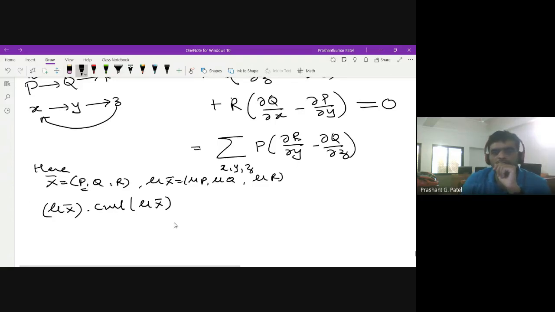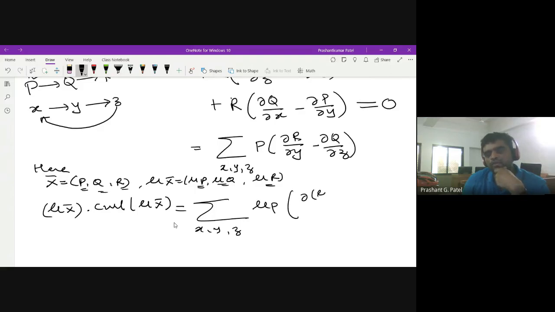Just P will change to μP, Q will change to μQ, and R will change to μR. That is the expression we have. So this is the summation over x, y, z of μP times (∂(μR)/∂y − ∂(μQ)/∂z).